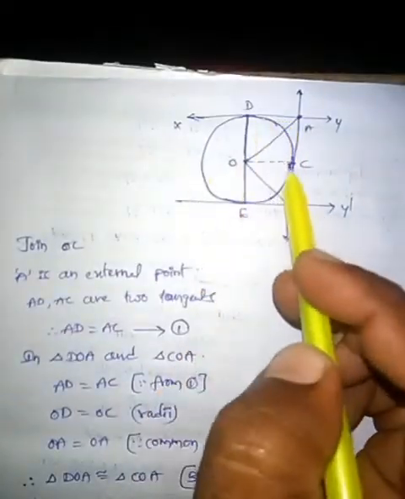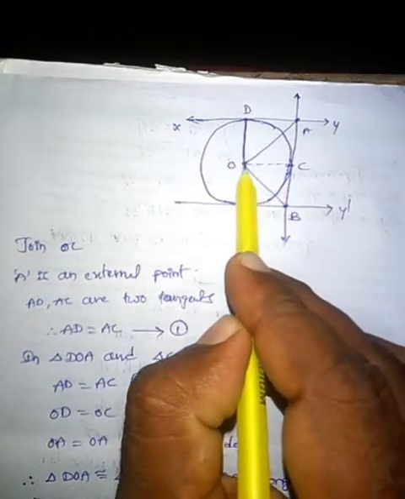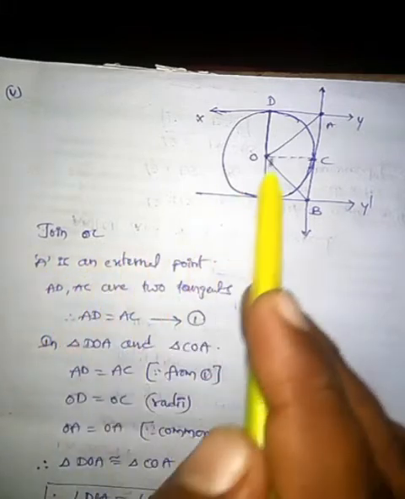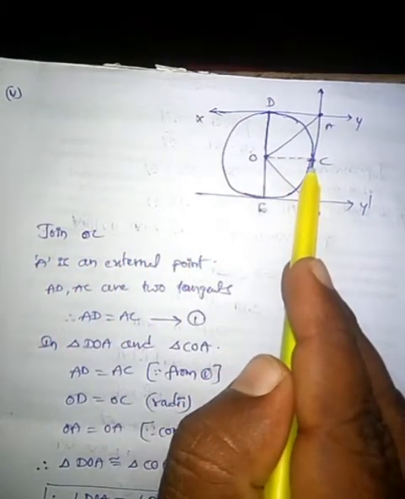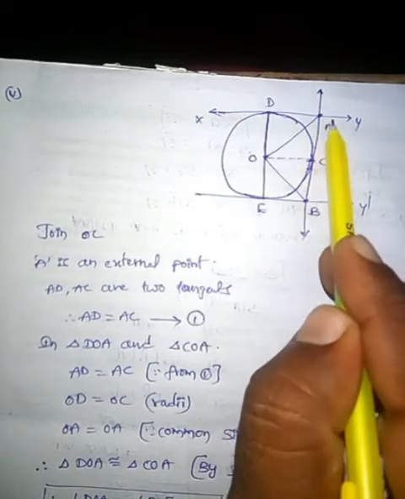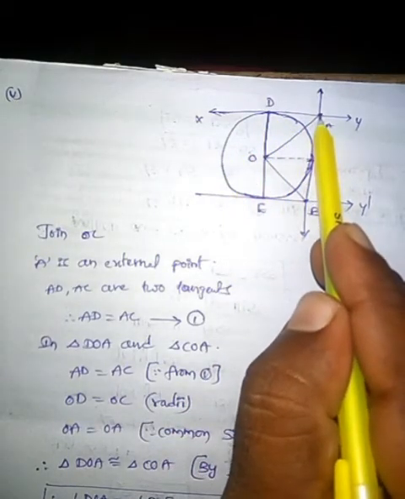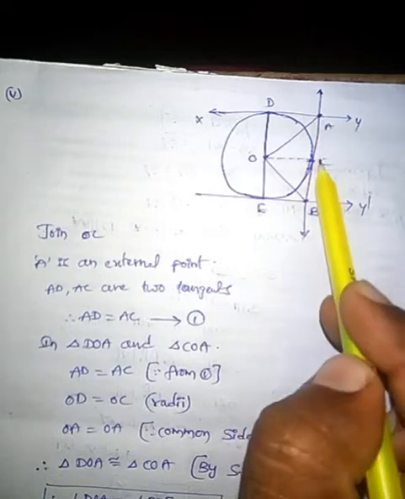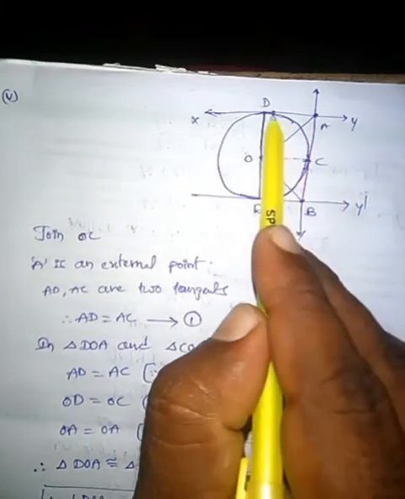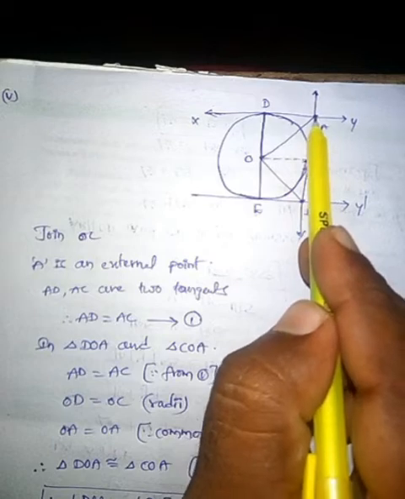This is the figure given in the problem. For solving this problem, join point O and C. I wrote the construction: join O and C. Children, in this problem A is an external point, and AD and AC are two tangents drawn from the external point to the circle.